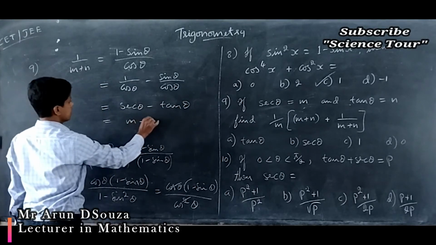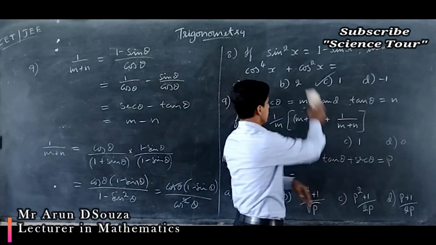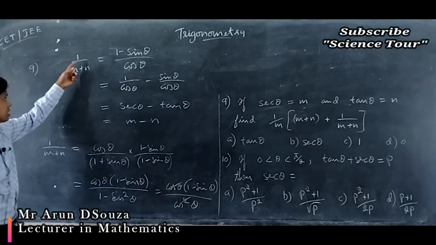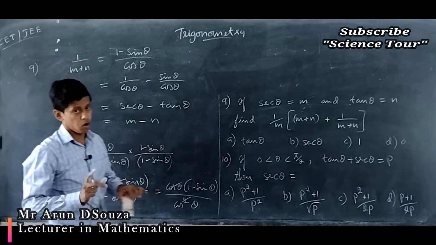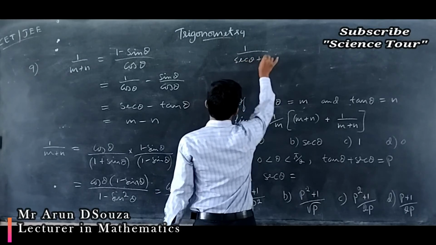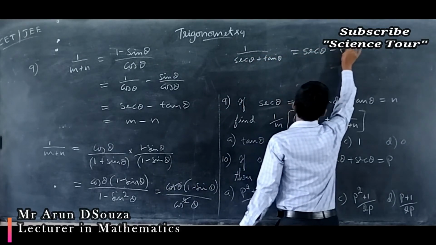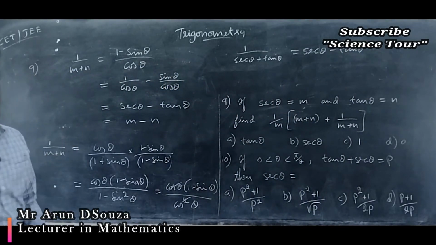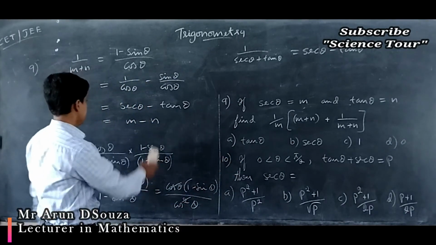So what is this? m minus n. Sec theta is m, tan theta is n. Well, so what did you understand? In place of 1 by m plus n, we can write m minus n. Or in other words, remember this, 1 by sec theta plus tan theta is equal to sec theta minus tan theta. So keep that identity in your mind, okay, for question number 9 as well as 10.